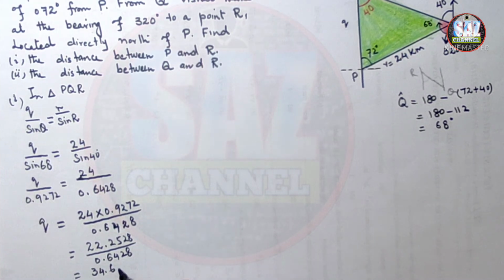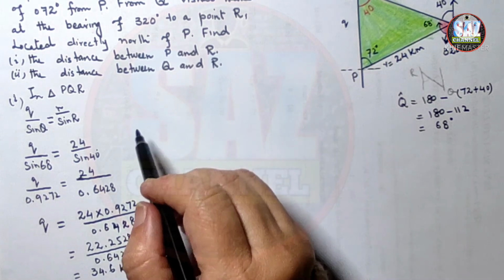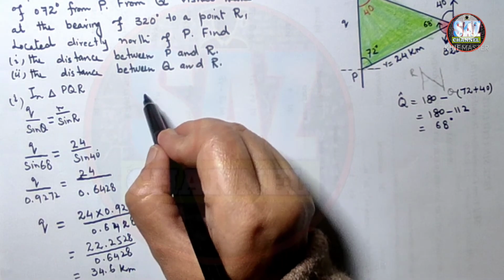As the measurements are in kilometers, q will be equal to 34.6. So q actually is the distance between P and R.